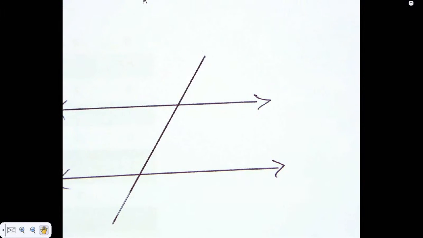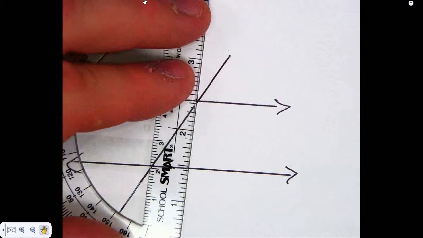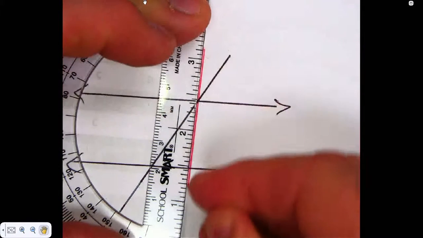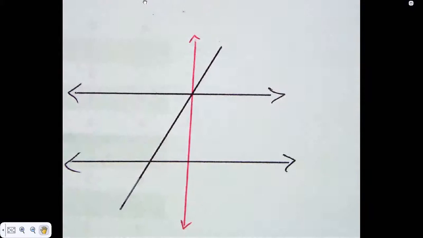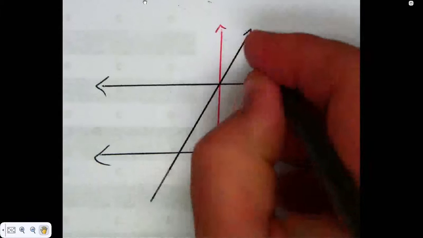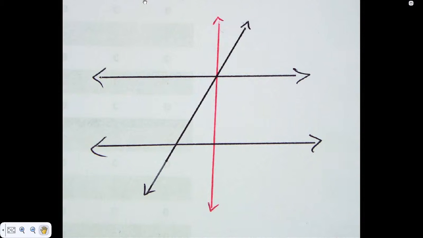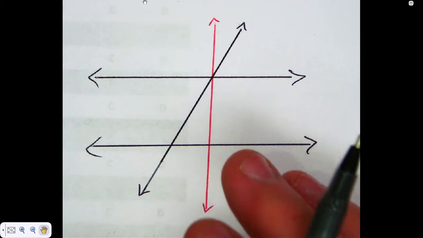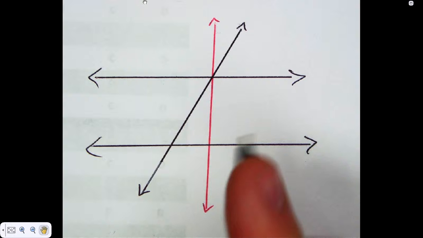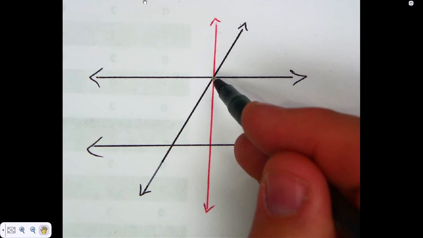I'm going to do you a favor and draw them in different colors so we have something to refer to. You see my point here? Everyone look up here. Down here, which one corresponds to which one is going to be pretty easy, isn't it? But up here, I have an extra line coming through here.